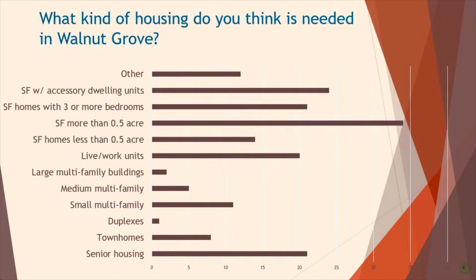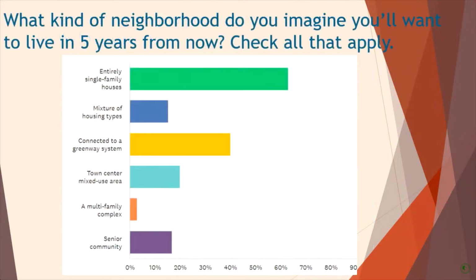What kind of housing do you think is needed in Walnut Grove? It's a big chart, it's busy, but I didn't know how to shrink it down well enough. The top ones are all single family. So single family, this is the smaller ones, half-acre lots. More than half-acre lots is the one that was selected the most. Homes with 3 bedrooms or more. And then this is single family with accessory dwelling units.